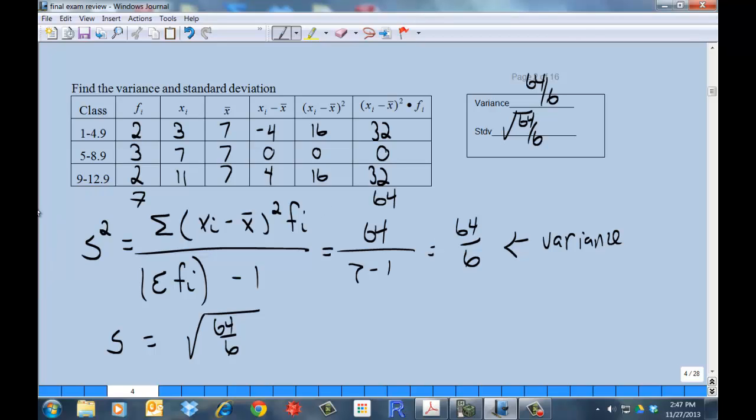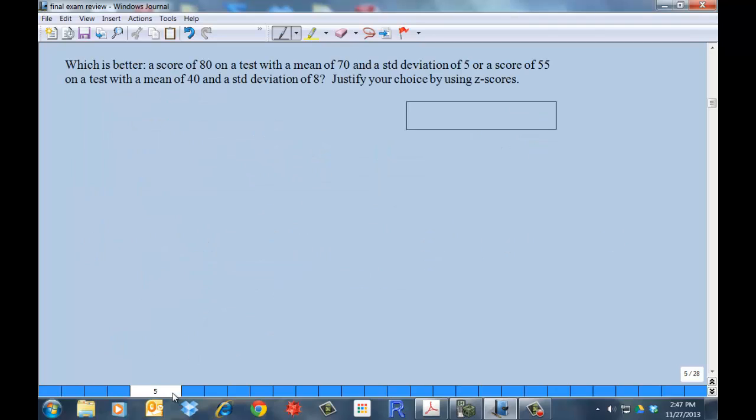Okay, next question. Which is better, a score of 80 on a test with a mean of 70 and a standard deviation of 5, or a score of 55 on a test with a mean of 40 and a standard deviation of 8? So we're going to break this up into we'll just call it test 1 and test 2. And we're going to use the z-score for comparison.